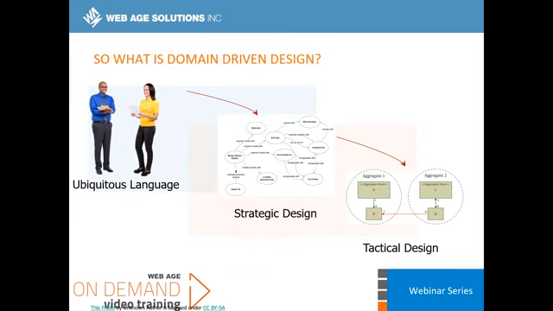Although it has the appearance of waterfall in this slide, it is not mandated to be waterfallish. In fact, once we have the strategic design, and you see some of the things like the services and the smart UI, then we might very well implement one and come back and start over again.